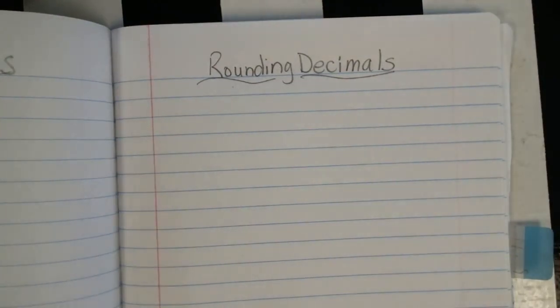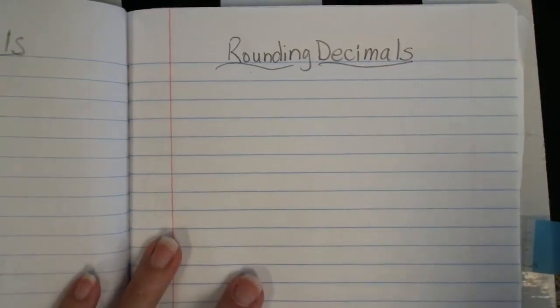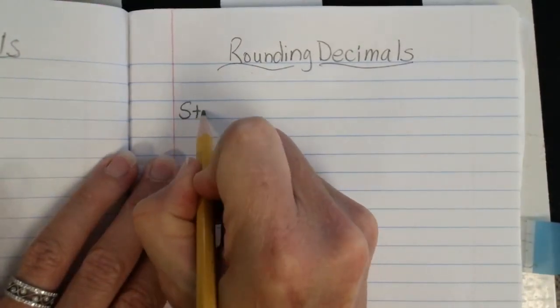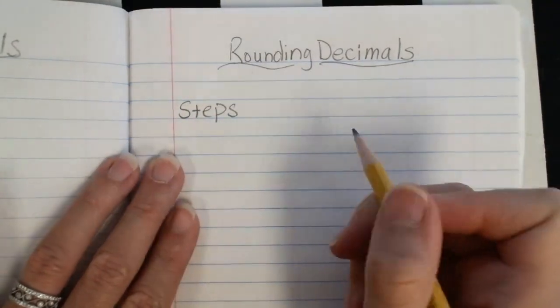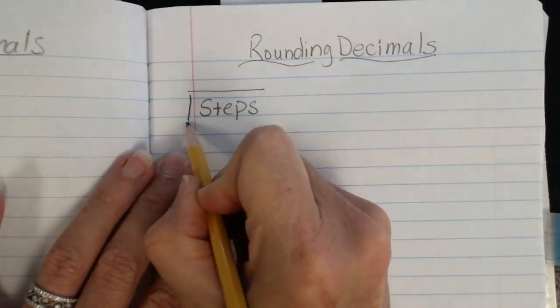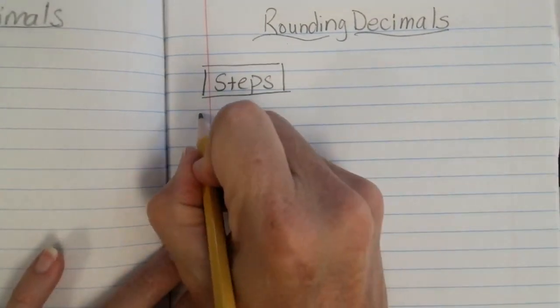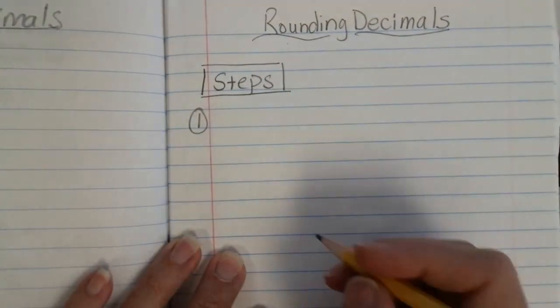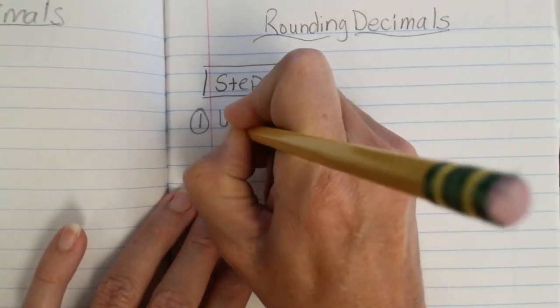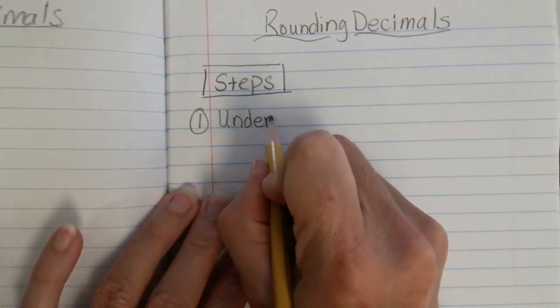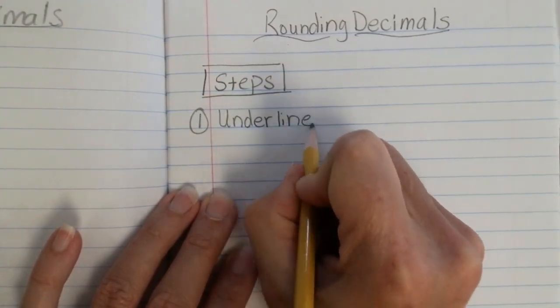All right, so let's first start talking about the steps, and then we'll look at the practice part, what it actually looks like. All right, so our steps to rounding decimals. Okay, here we go. First one, we're going to underline, oops, sorry, I shouldn't hold my pencil that far up.